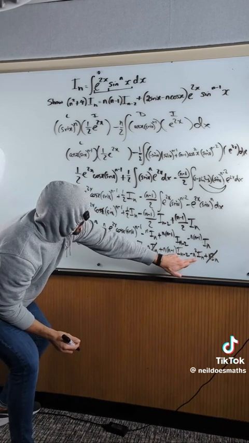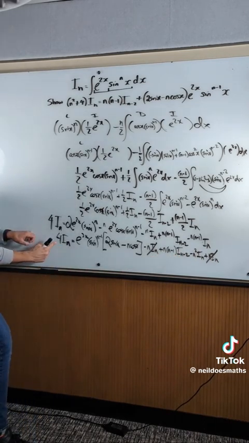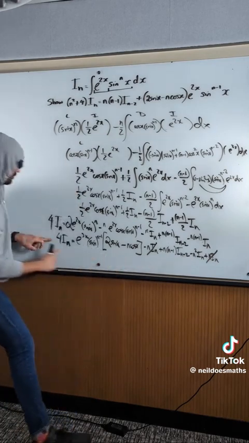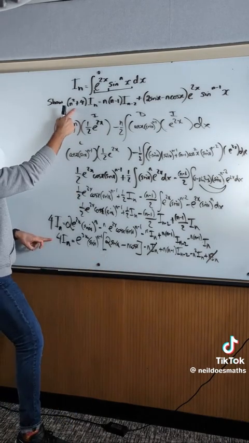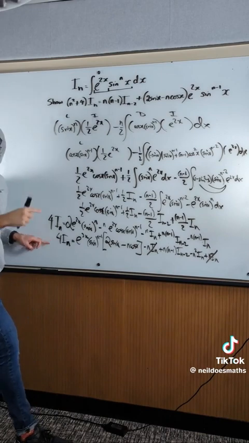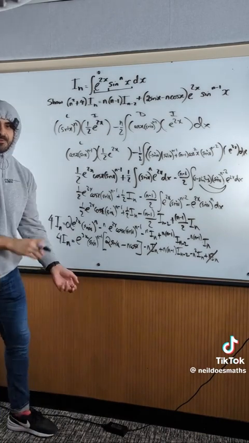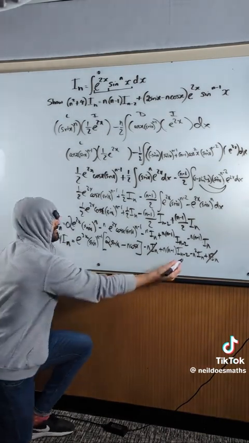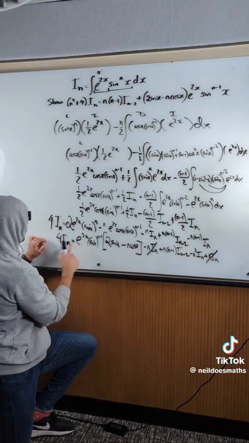And then this, we're going to bring here, because then we have n squared In with this. Then when you factorize it, you get this. How much below can I write at the moment? I don't know. Hopefully you guys can see it. So this is going to come with this.